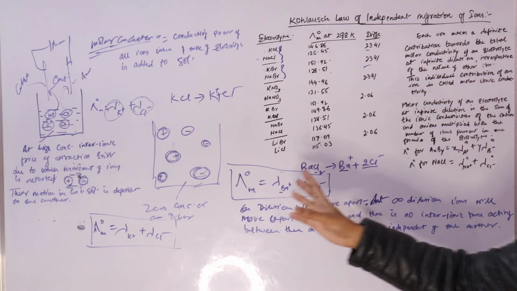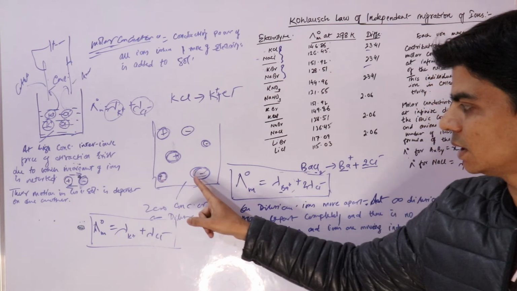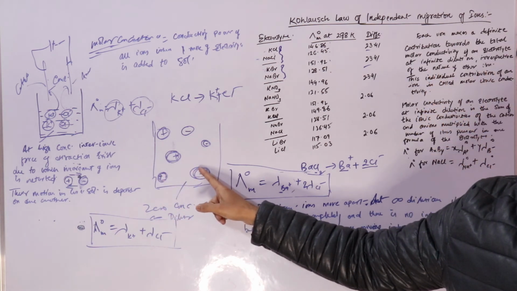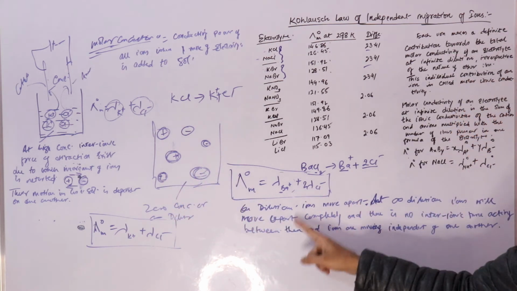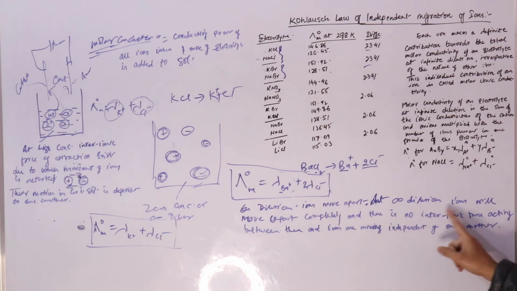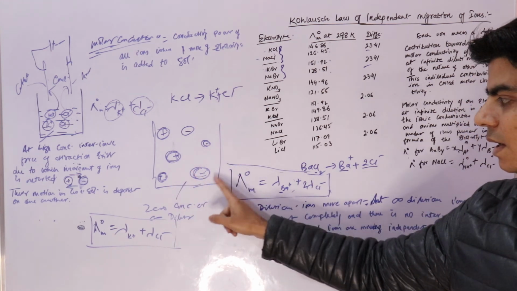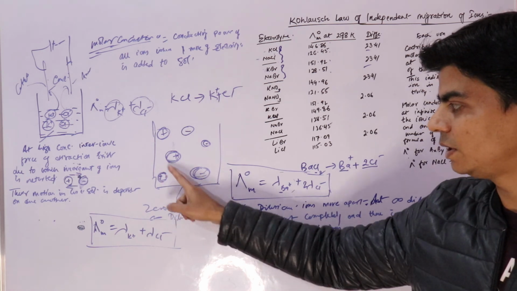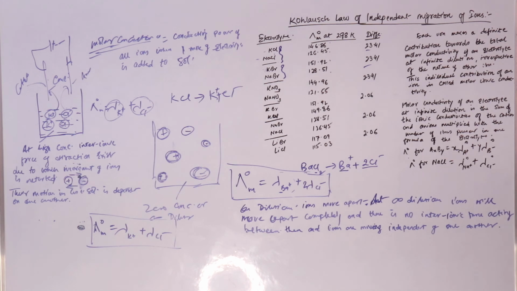Irrespective of the nature of the other ion means the ionic conductivity of positive ions doesn't depend on the nature of negative ions, because these are far apart. When we dilute a solution, these ions move far apart, so the conductivity of one ion is not affected by the other ion in any way.